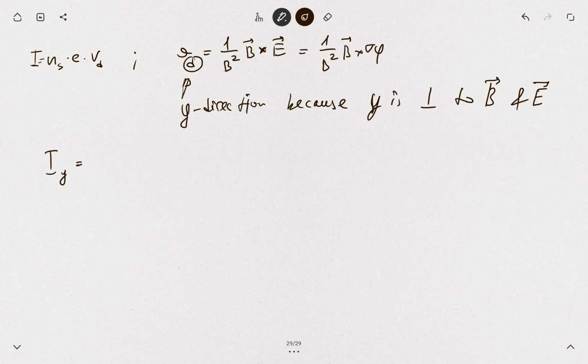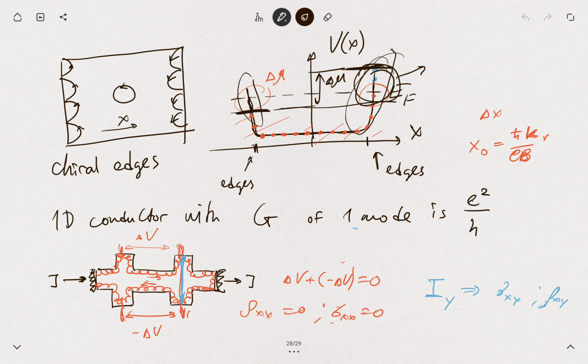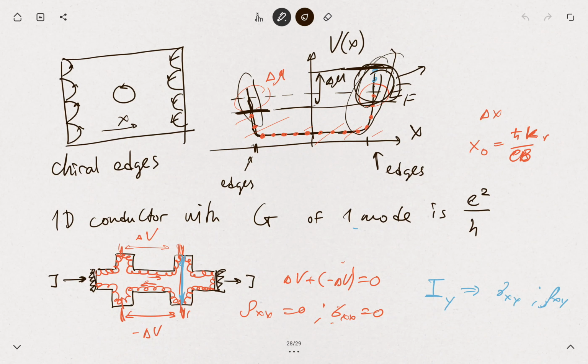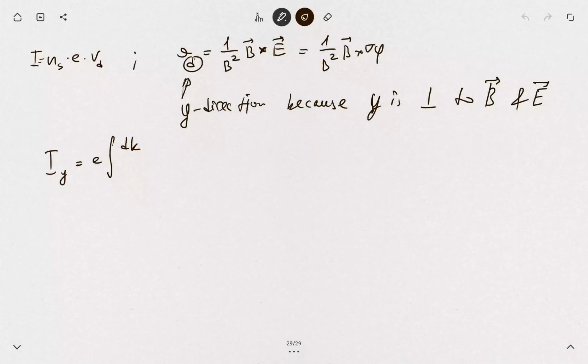Again, instead of counting these modes, we can just do the integration in our limit, which would be the integral over dk, which is the same as dx because of this definition: x naught is h bar k over eB. So the separation in x also means there is a different momentum in the y direction for each of those stripes separated in x space. So then we take the integral with our velocity in the y direction, which is a function of k.